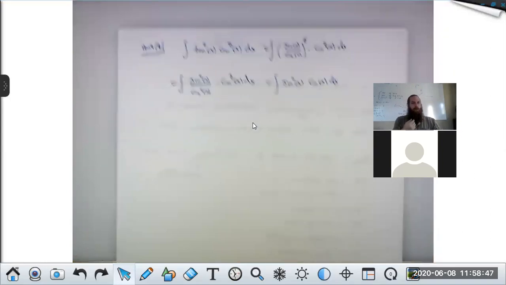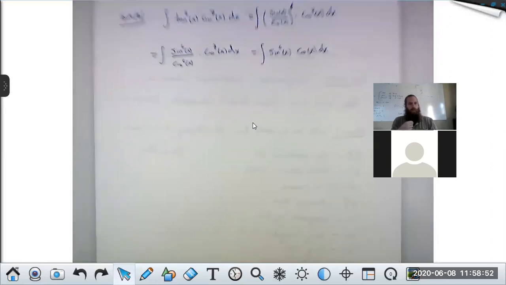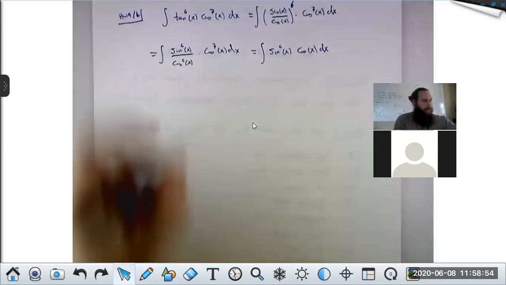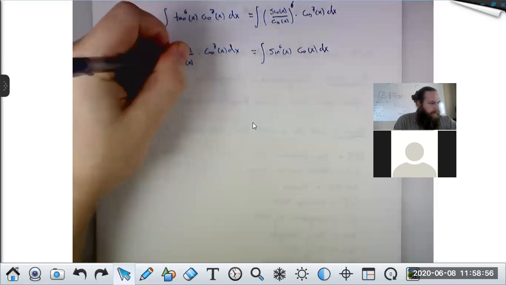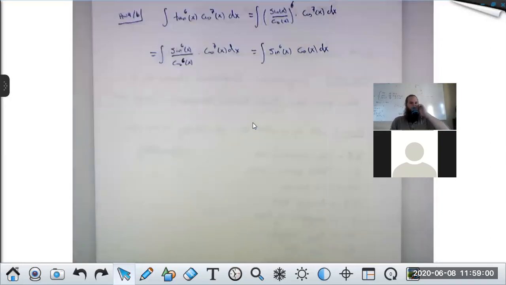Everybody with me so far? So this is a 6. So I've got 6 copies of cosine downstairs, 7 copies of cosine upstairs. So what survives is 6 copies of sine and 1 copy of cosine.